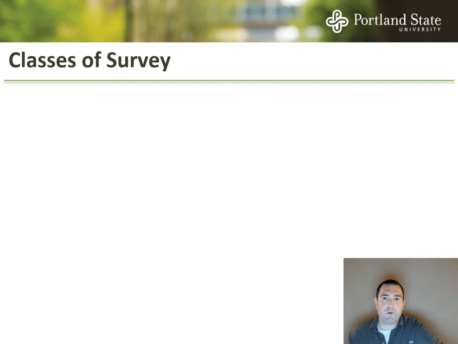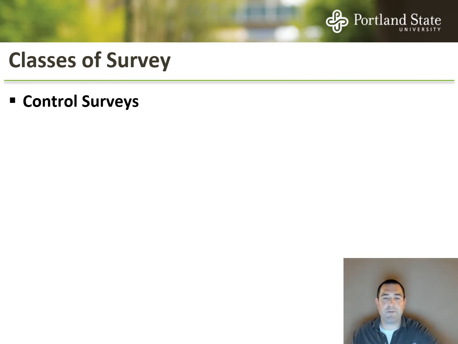All right, so within these two different types, plane surveying or geodetic surveying, we can talk about other types of survey as well, kind of subsets of survey. So control surveys tend to be bigger reference type surveys. We use these to then act as a benchmark for other smaller surveys.